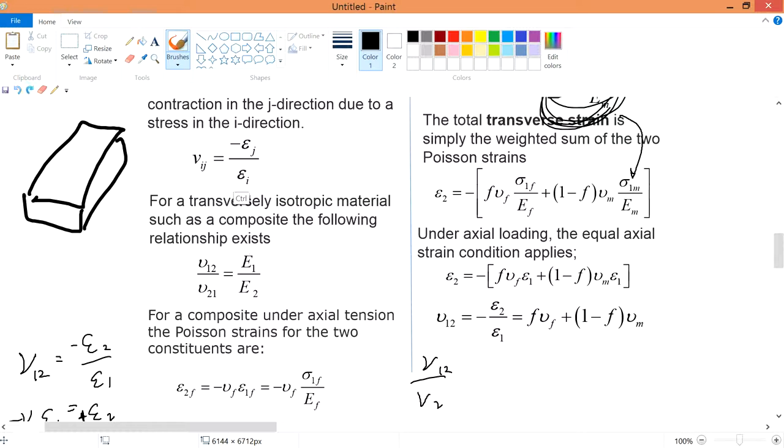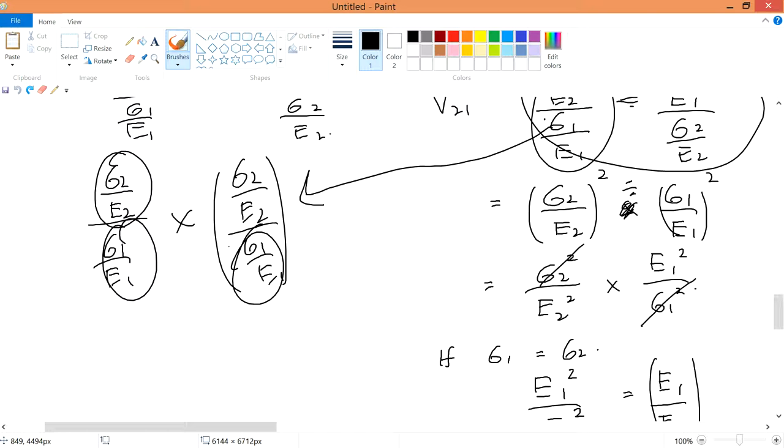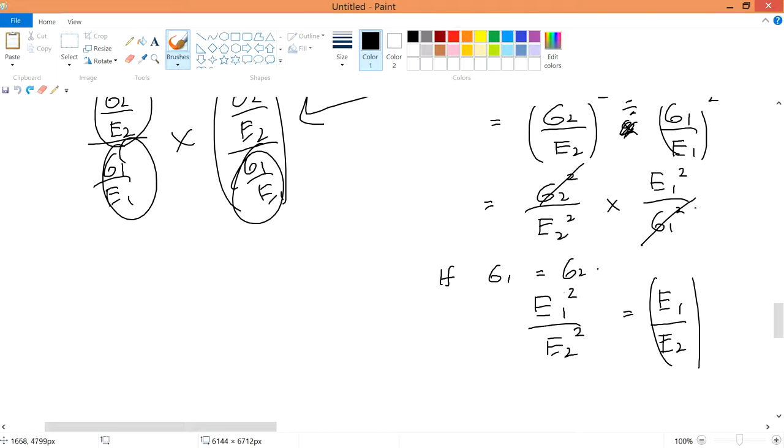The next thing is totally different: you take Poisson ratio 12 divided by Poisson ratio 21, which they say has a relationship that exists mathematically and experimentally. I think they are equal to each other. This is a bit blurry, but at least you understand how it is derived, the long one that I derived just now.